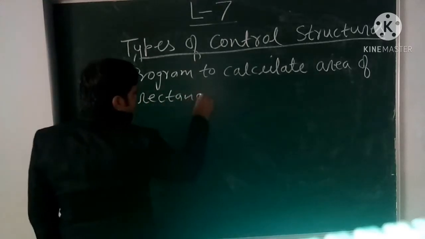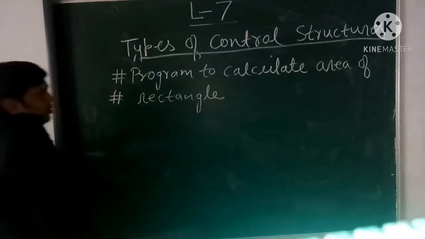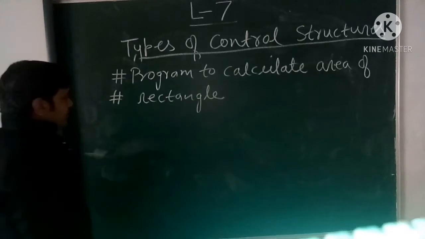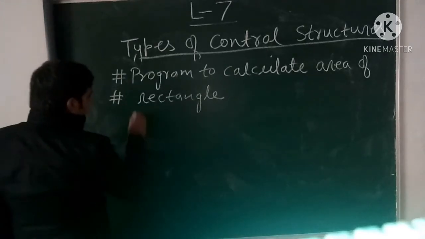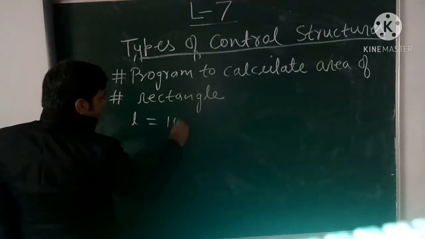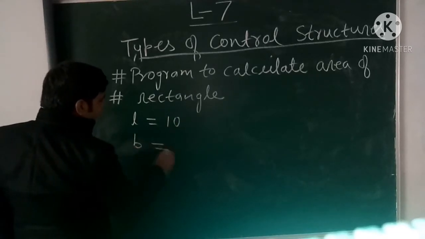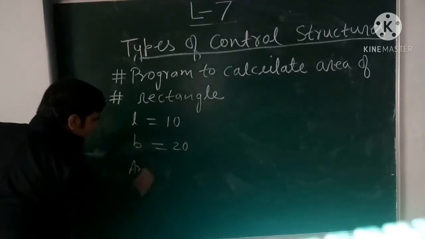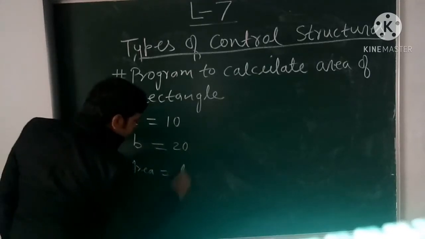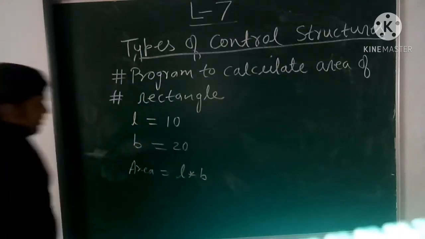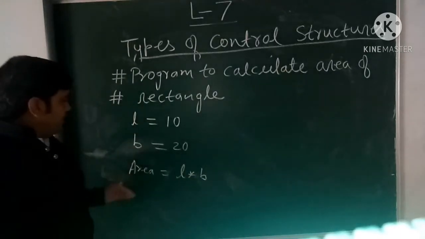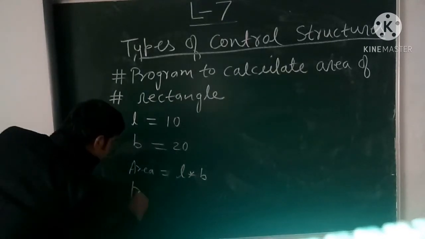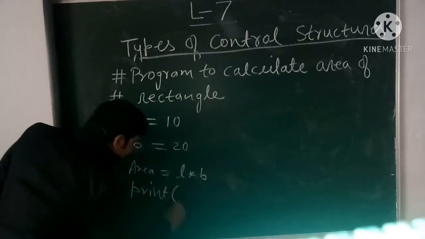To calculate the area of a rectangle, we need two variables: L is equal to 10 for the length, and B is equal to 20 for the breadth. Now to calculate the area, we use area is equal to L into B. So this is the sequential execution. And after that we write the print statement to print this area.